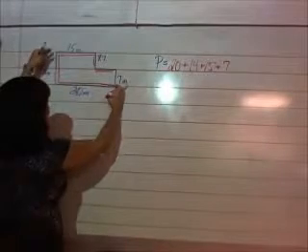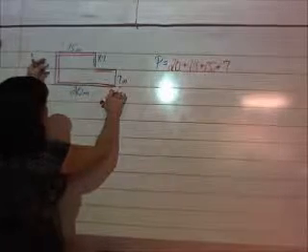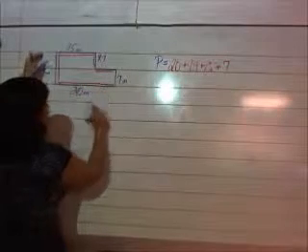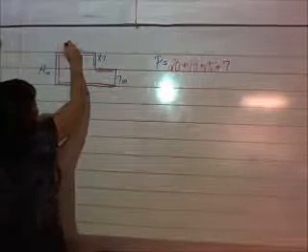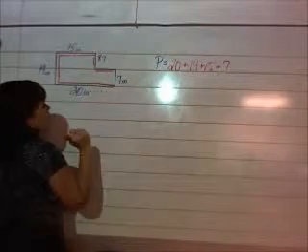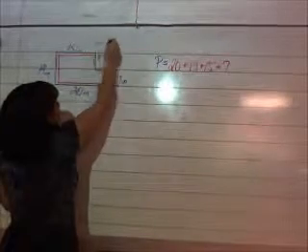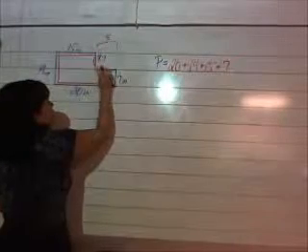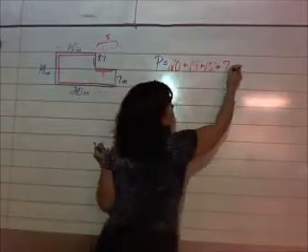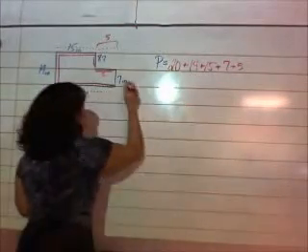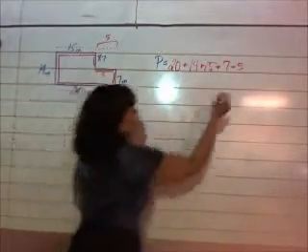The whole thing from here all the way up there has to be 20. I've got 15 here. I'm missing how much? This part right here must be 5. So I've got my 5 in there now. And then my last piece, 7.